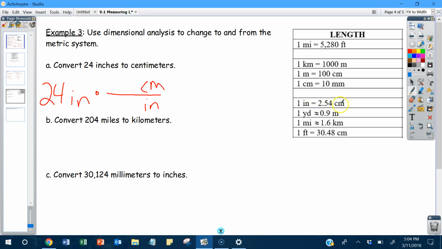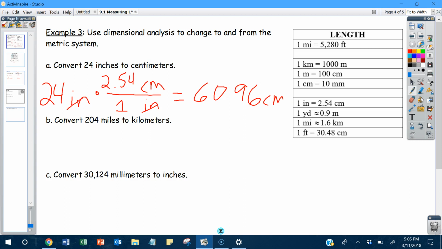So I'll use this conversion the same way I used the last ones. 2.54 centimeters is equal to 1 inch. So if I do the multiplication, the inches cancel, and I have 24 times 2.54, which gives me 60.96 centimeters.